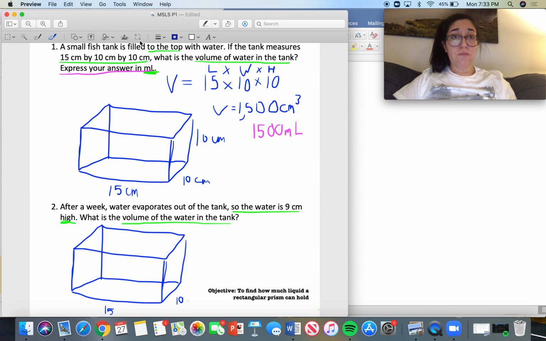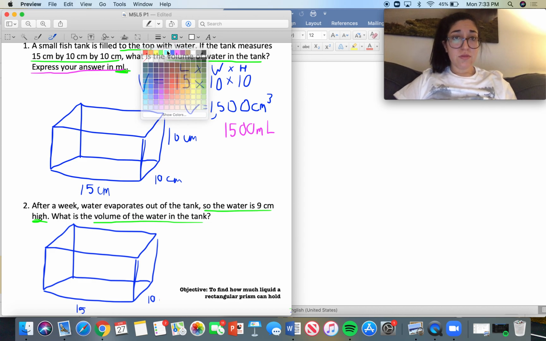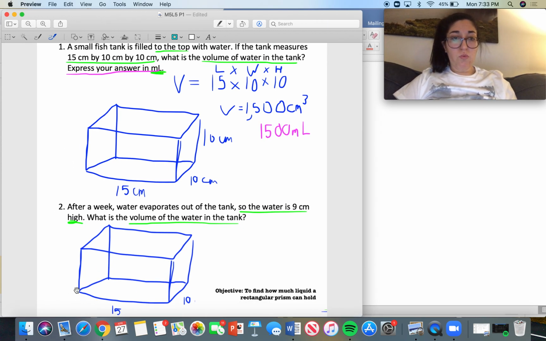But now, let me do that in another color. So I've got my volume here. The water in the tank is not going to change here. This bit here is not going to change. Imagine that you fill a tank with water.